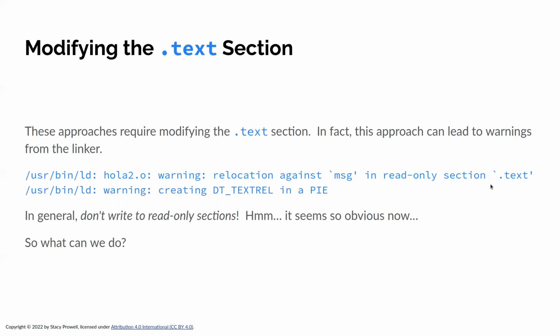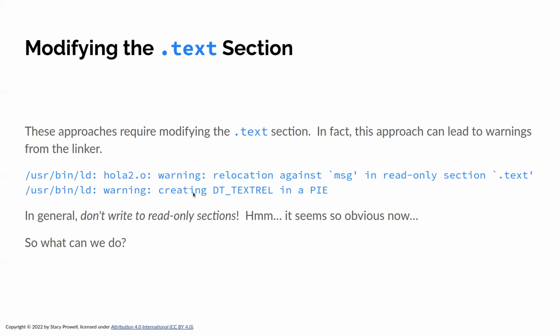Now, let me go back and cover something to be sure it was clear. This relocation will happen at runtime. At runtime, the system will go and patch the binary with the correct value for message. If that seems terrible to you, it's because it's terrible. Who does that? The dynamic linker and so on are responsible for doing that.